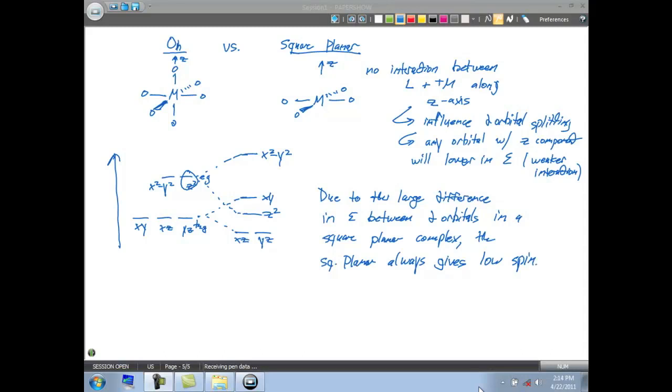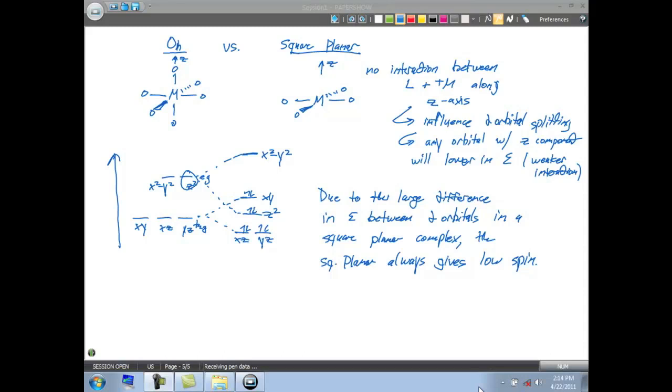There's a specific case that we typically see for most square planar complexes, and that's that they're d8. If you look at what happens in a d8, we fill up these electrons up to this level. Typically, we don't fill the electrons all the way into the x squared minus y squared orbital because it's really, really high in energy. Ultimately, a transition metal complex is going to pick a shape that gives the lowest overall energy.